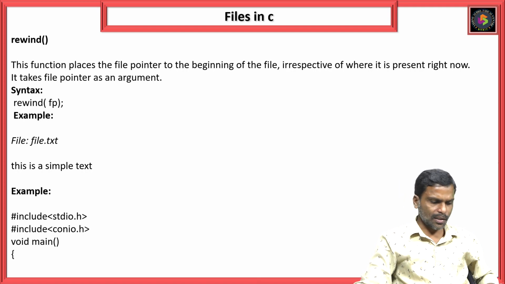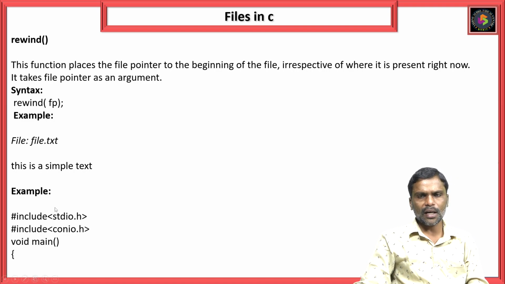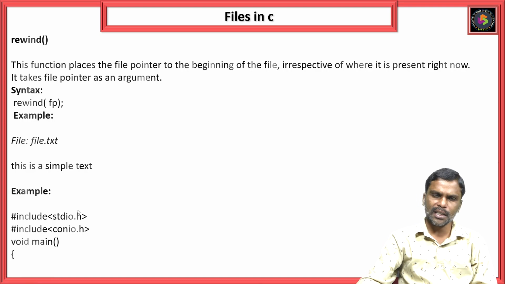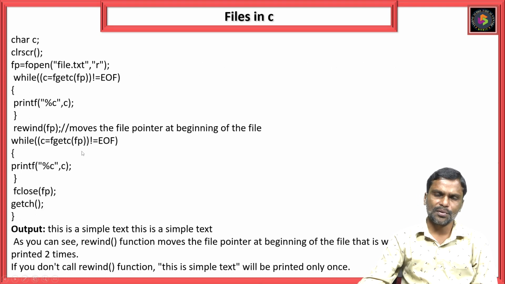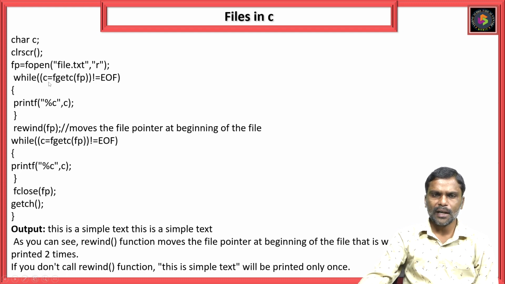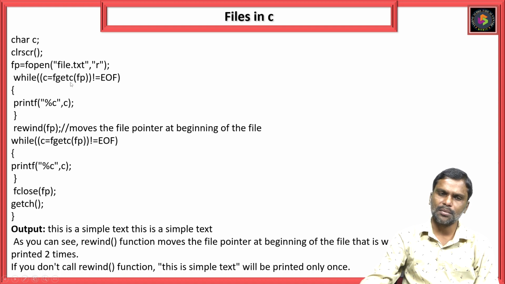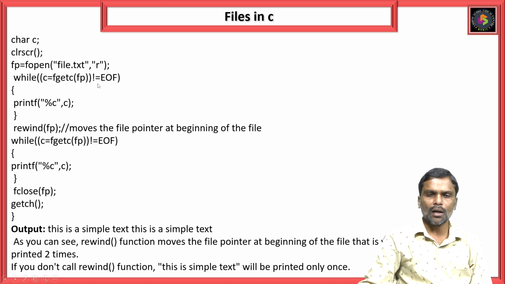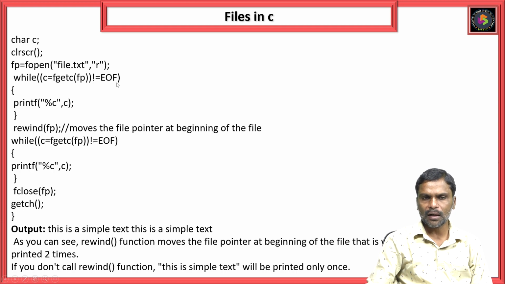Let us see a simple example. Header files, you know, and in void main I am declaring a character c. The clear screen is optional; you can use it or not. Then the opening of the file: here I have taken r mode, for reading. Before reading, we should check the condition: while c = fgetc(fp) is not equal to EOF, that means we are not going to reach the end of the file.